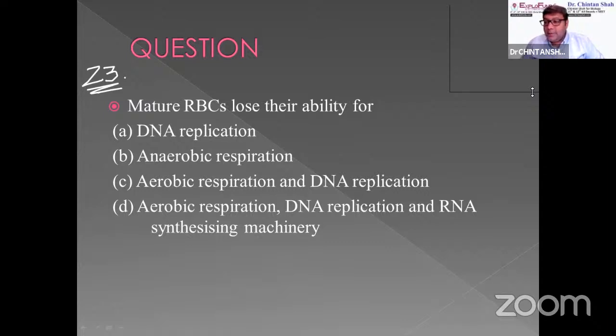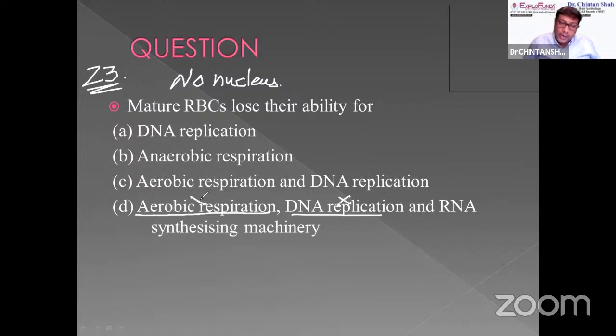Okay, Heath has given the answer D. So mature RBC will not be able to go for aerobic respiration, and it will not be able to go for DNA replication. Why? Because mature RBC has no nucleus. If there is no nucleus, then no DNA replication, and no aerobic respiration because the genes cannot give rise to the enzymes.